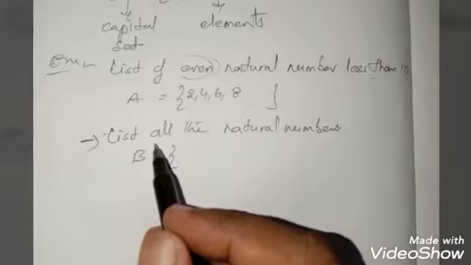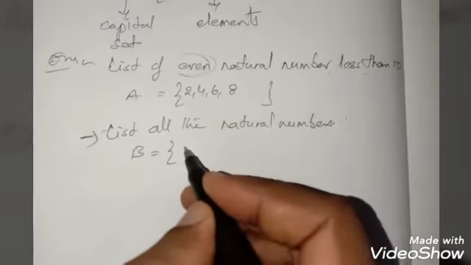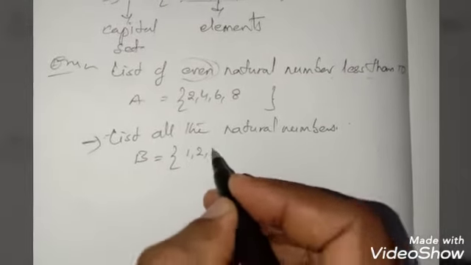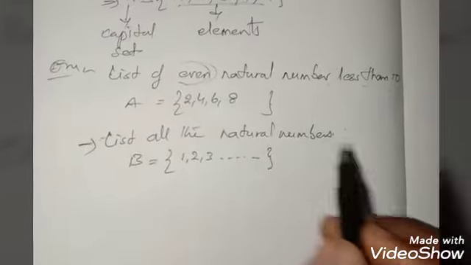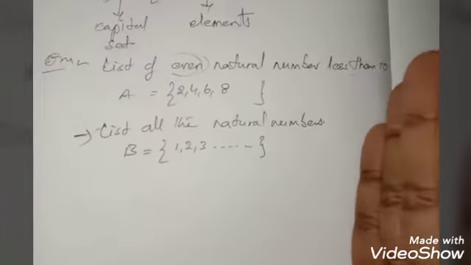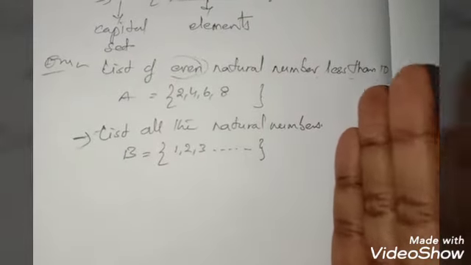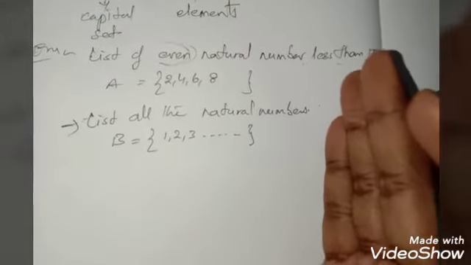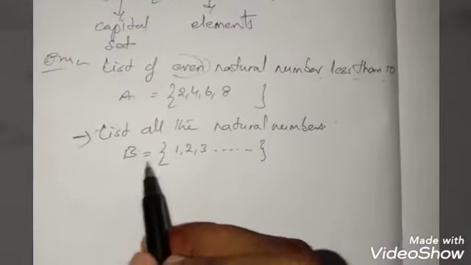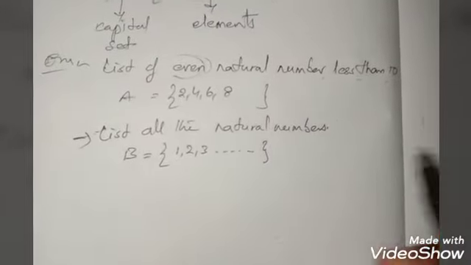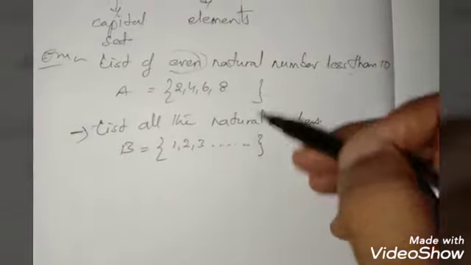We know that natural numbers start with 1, 2, 3 and so on, because they have not included any limitations. If they have not given any limitations, we can write the set as B is equal to 1, 2, 3 and so on.